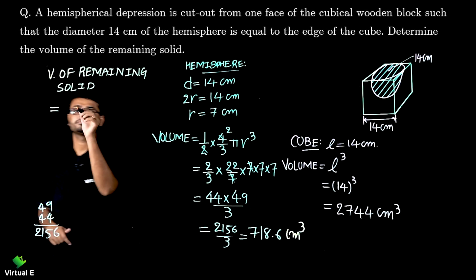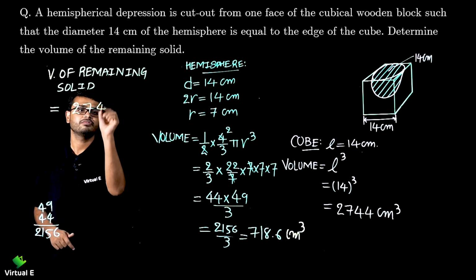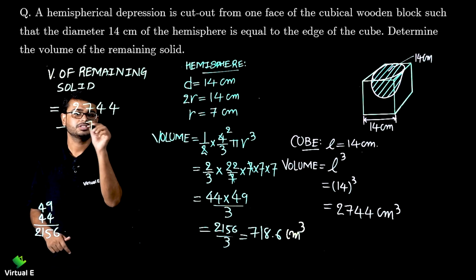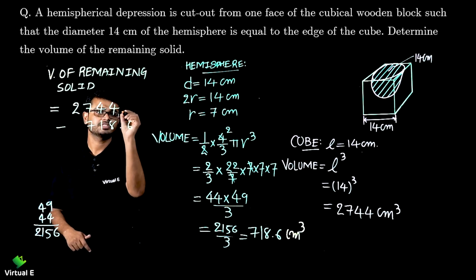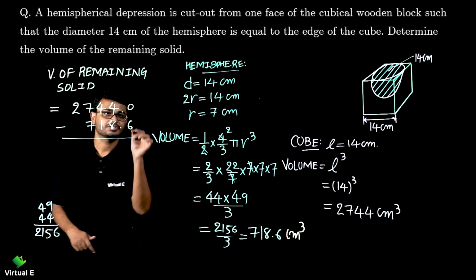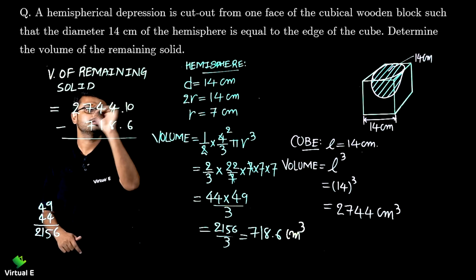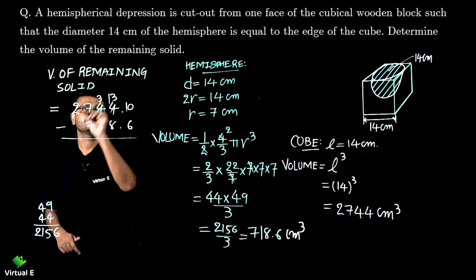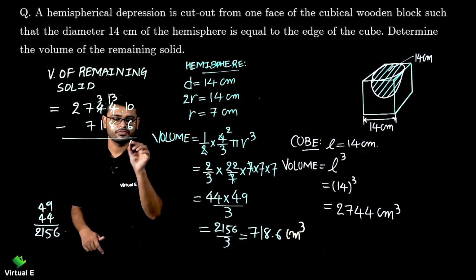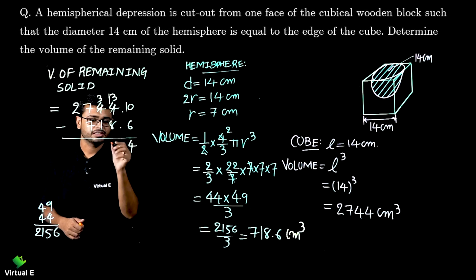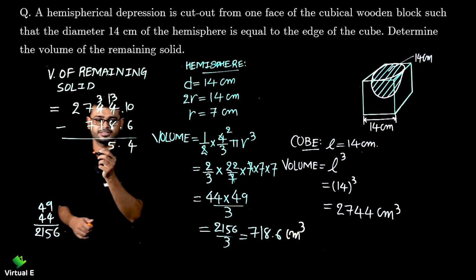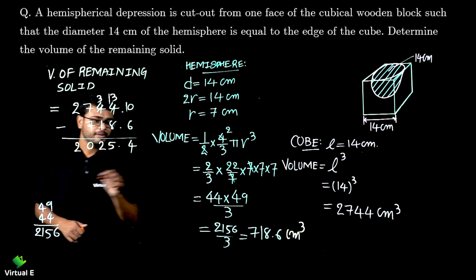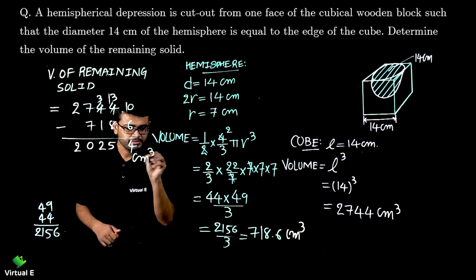Let's start: 2744 minus 718.6. Keep 0 over here, borrow so 10 here, and 13 and 3. 10 minus 6 gives 4, then 13 minus 8 is 5, 3 minus 1 is 2, and 7 minus 7 is 0, and 2. Remember the unit, which is centimeter cube.